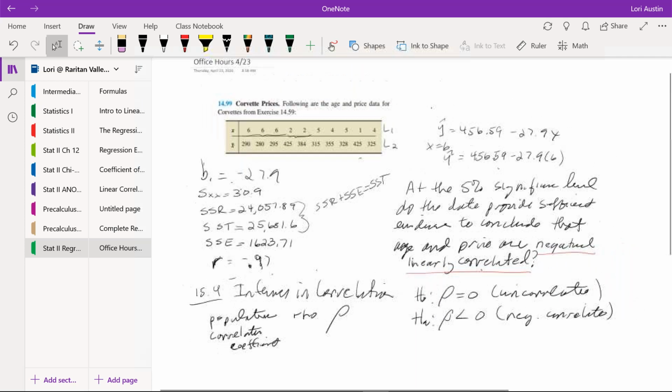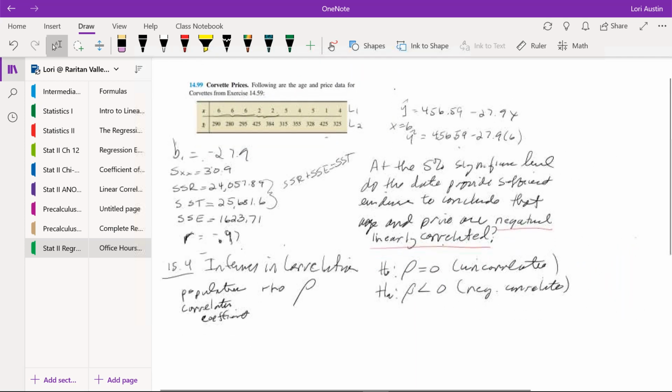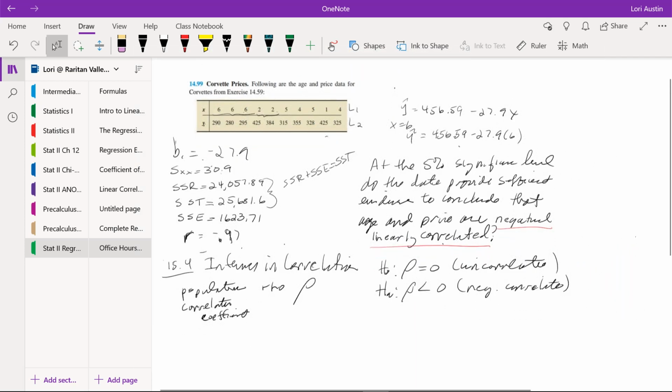Now, this formula is much simpler. You can take a look at it on your formula sheet. It's still a t-test, but it only uses one variable, the sample correlation coefficient. So it's R over the square root of (1 minus R squared) over n minus 2.